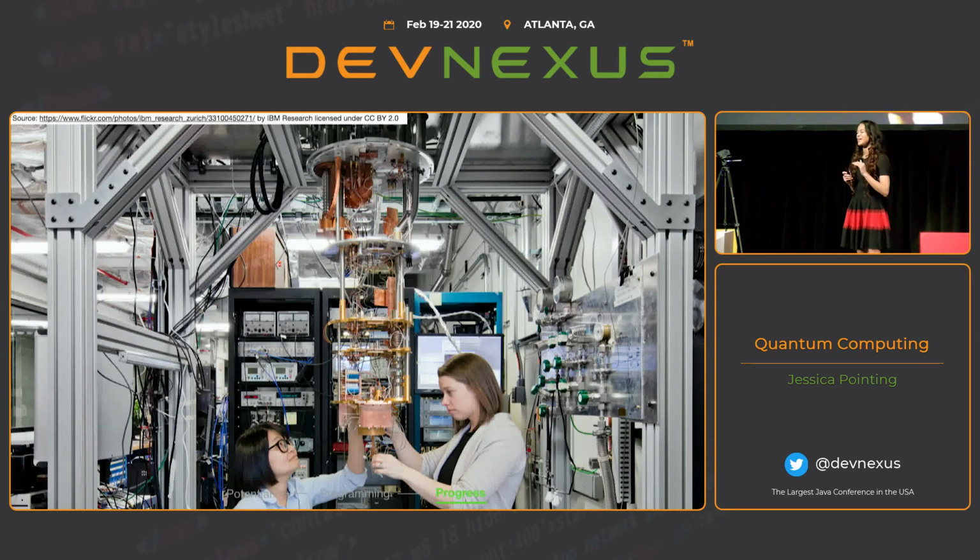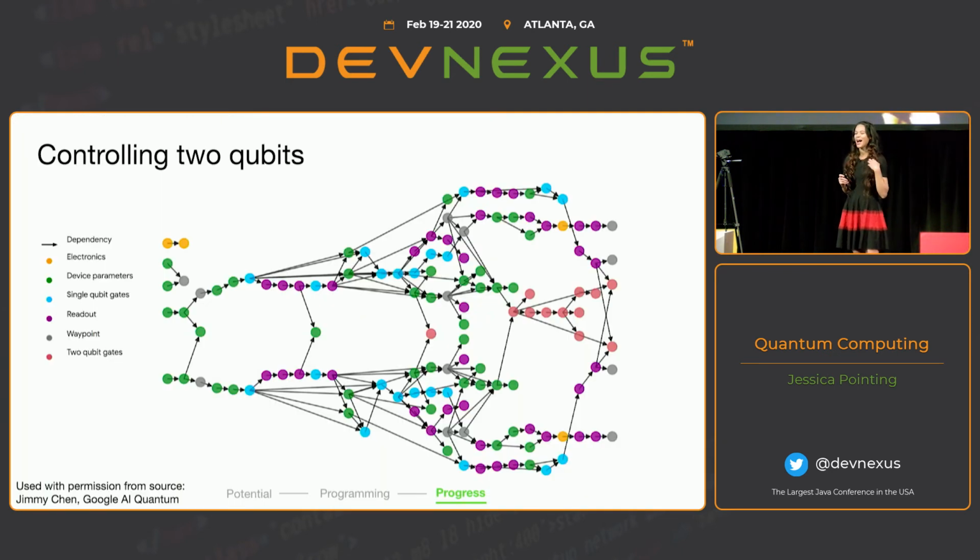But to give you an idea, again, of how complicated it is, I recently went to a talk by Google AI Quantum, and they gave me permission to use the slides. The whole point is, don't worry exactly what it is, but this is to basically control 2 qubits. This is the hardware process. And as you can see, there's a lot of different connections and a lot of different points.